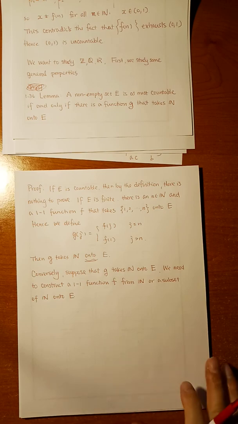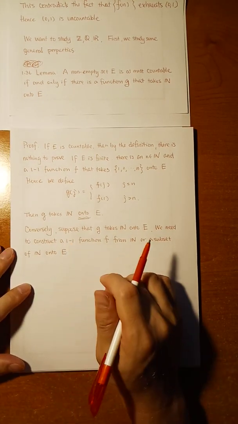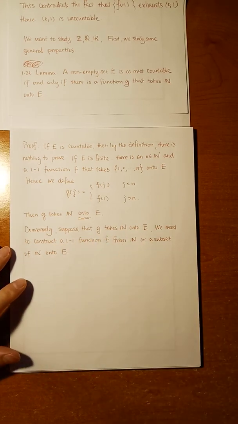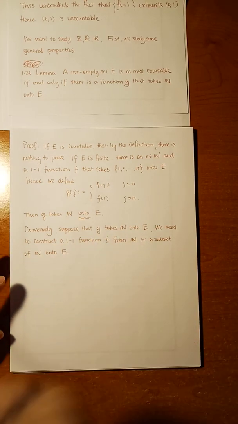The one-to-one is more important. Onto is also important, but onto is already guaranteed by g actually. Okay, so how do we do that?